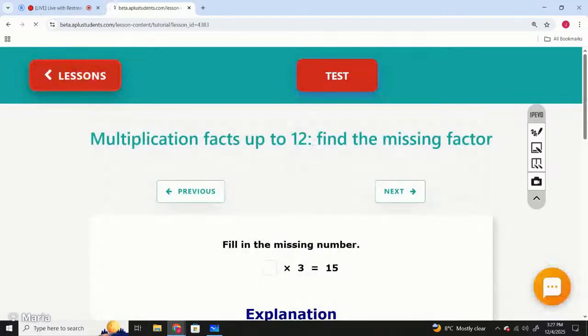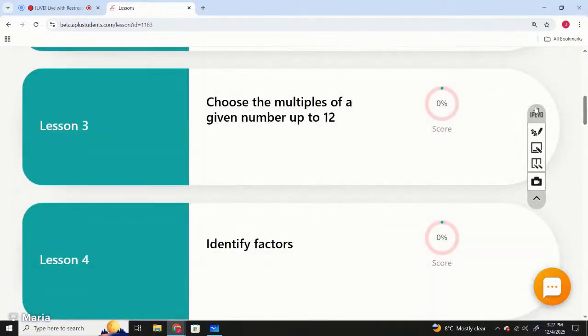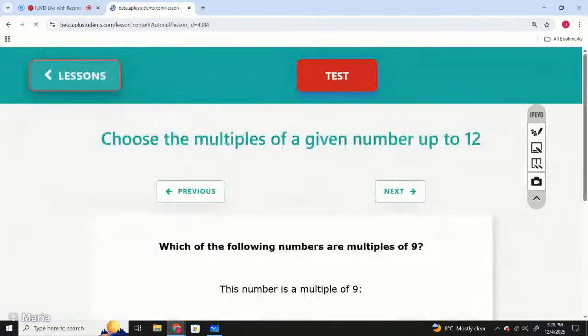And the next lesson is: choose the multiples of a given number up to 12.